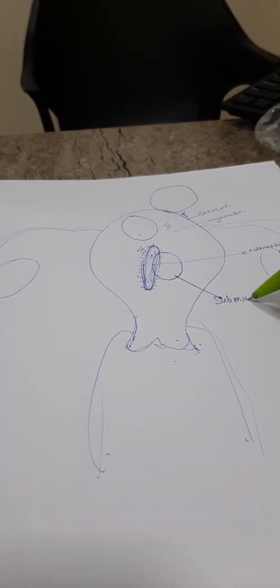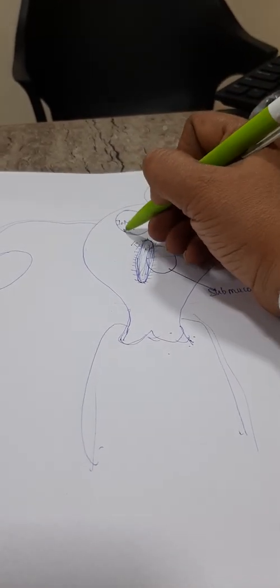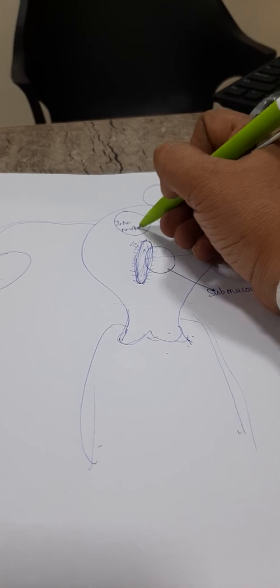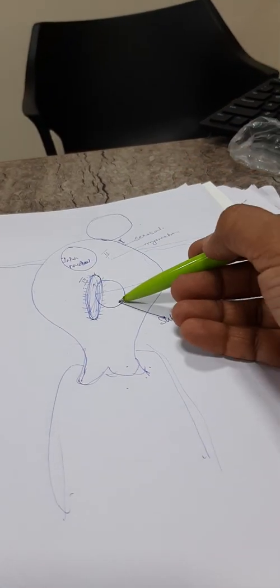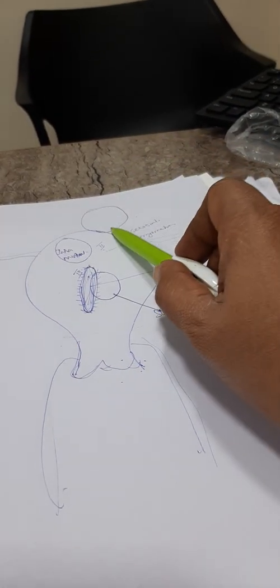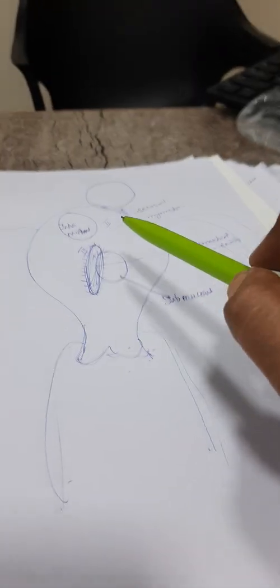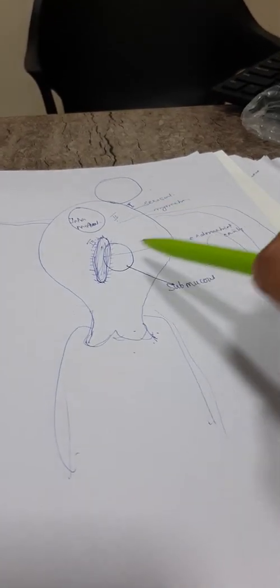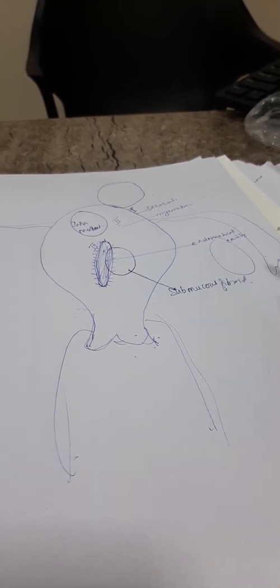So this is called the submucous, this is called the intramural fibroids. So depending on the position, this is the description of the fibroid. So the subserous fibroids are very harmless, but the intramural and the submucous fibroids are symptomatic most of the time.